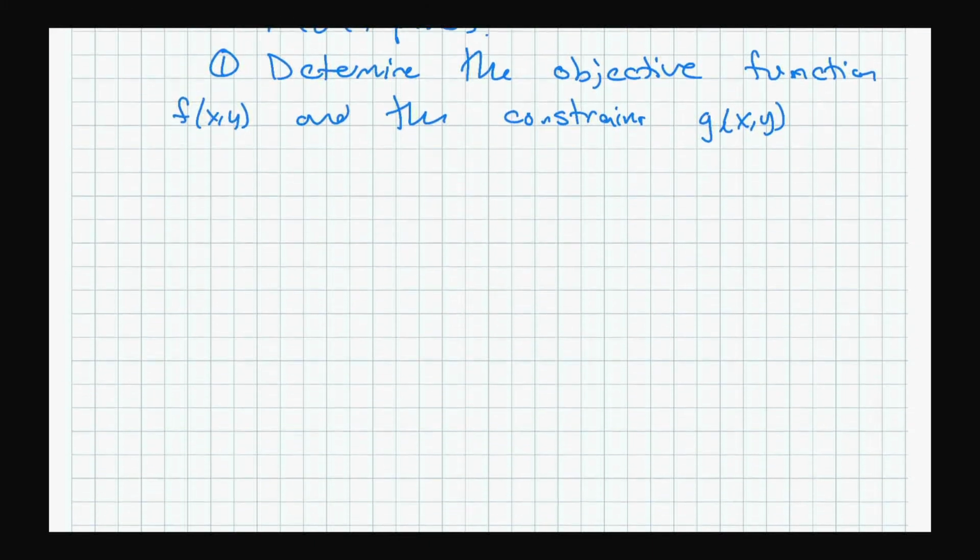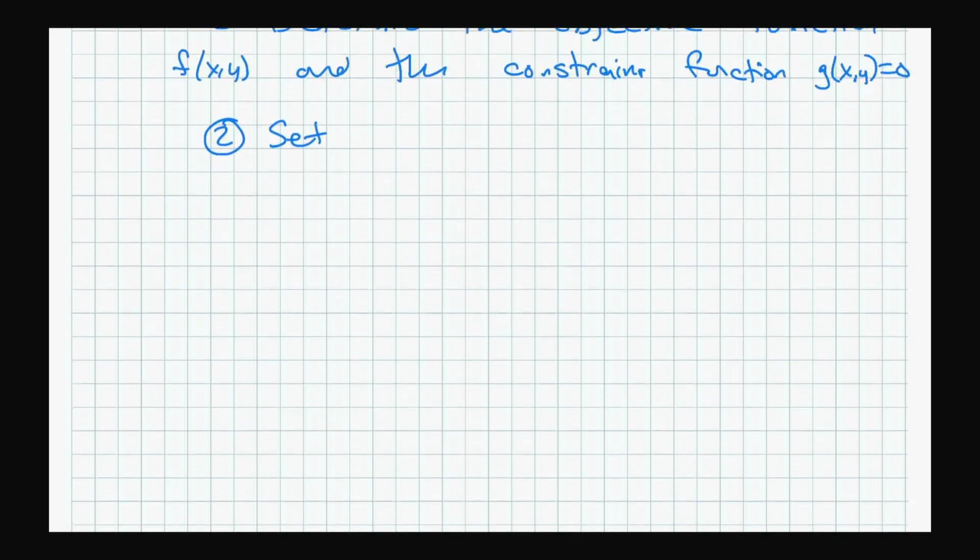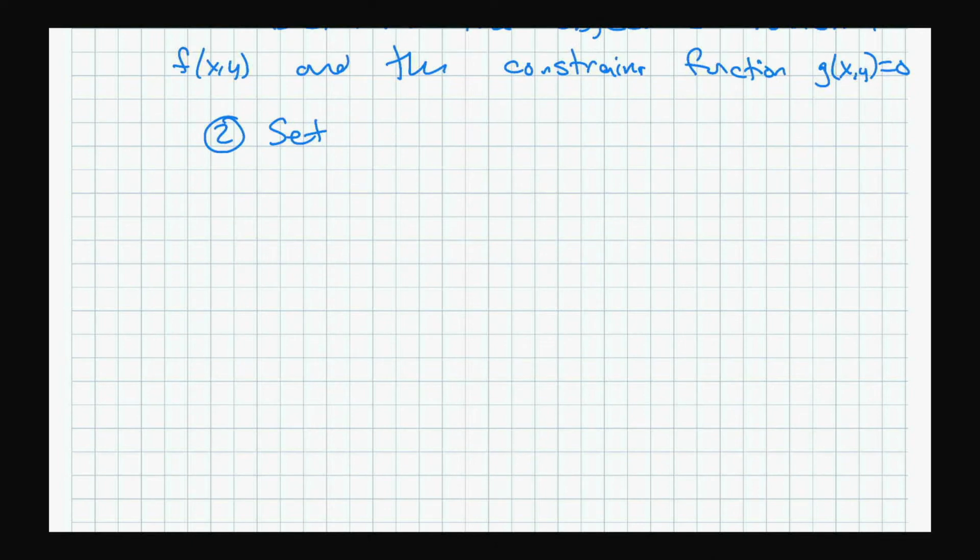It is g of x, y equals 0, the constraint function. Step 2, you set up a system of equations, and this is the actual method of Lagrange multipliers.